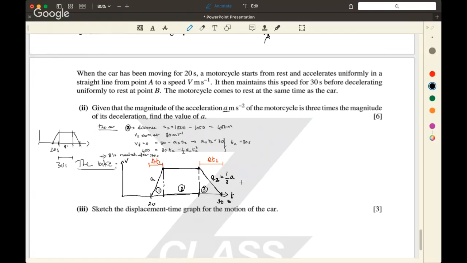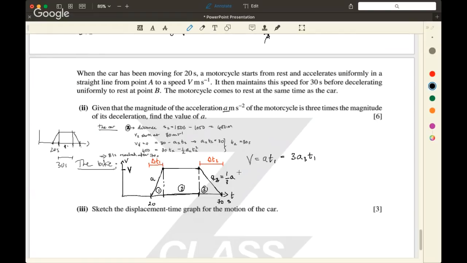Okay, we're almost there. At this constant velocity area, that's big V. That's what they've called this velocity. So this big V is going to be equal to A1 T1, or A T1. And that's going to be equal to 3 times A3 times T1.